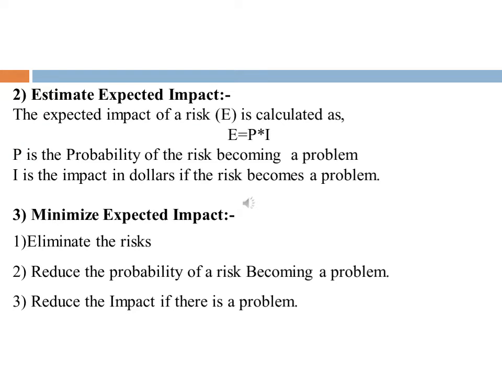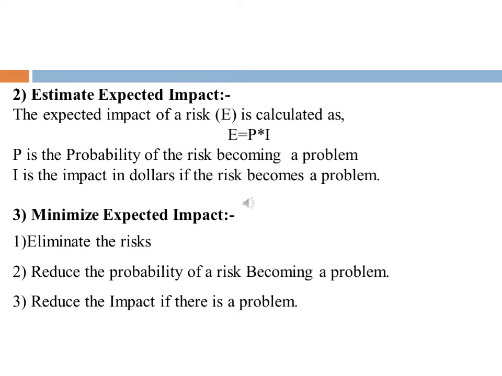When the critical risks are identified, the financial impact of each risk should be estimated. This can be done by assessing the impact in dollars if the risk does become a problem, combined with the probability that the risk will become a problem.